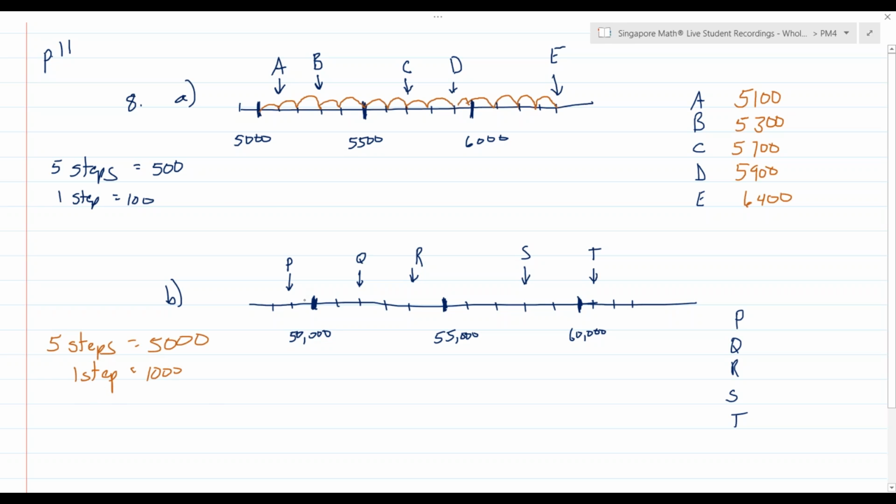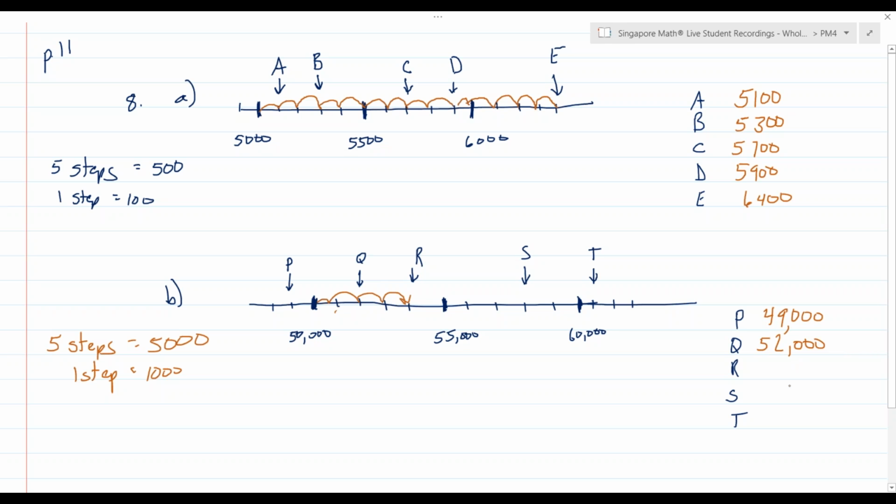So if this heavy line is 50,000, if I go back 1,000, then the value for the letter P is going to be not 50,000, but 49,000. And then if I go ahead 2 jumps from 50 to 51 to 52, Q is 52,000.